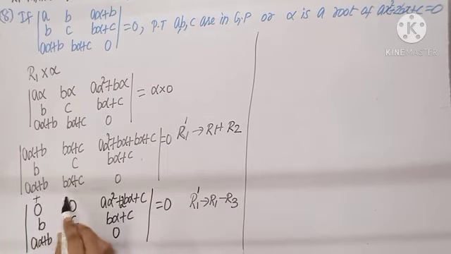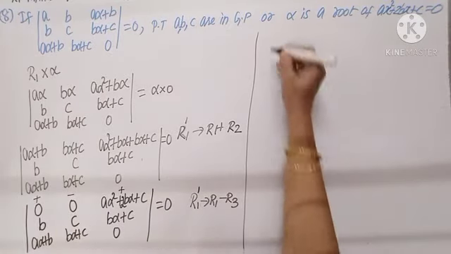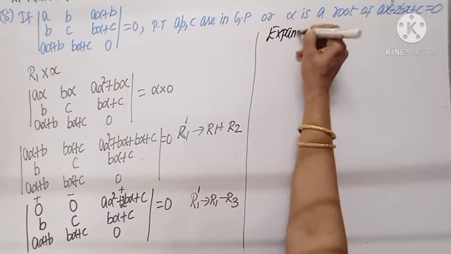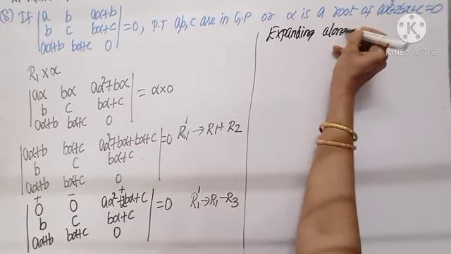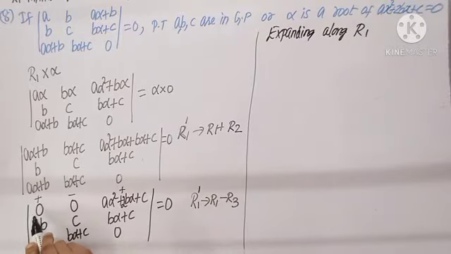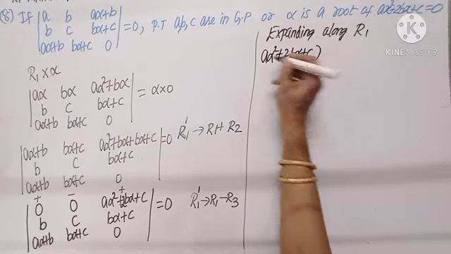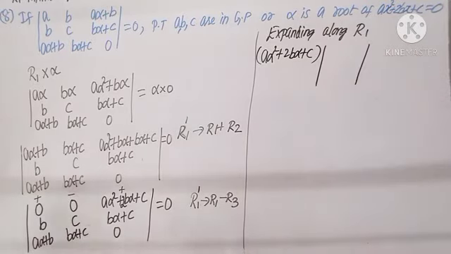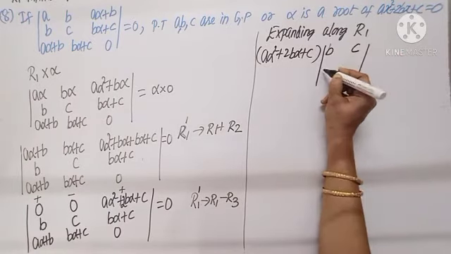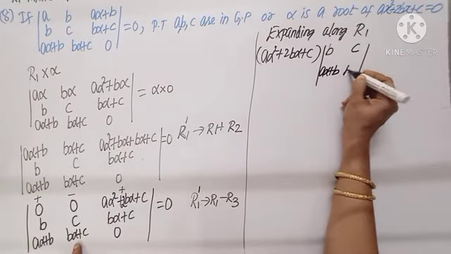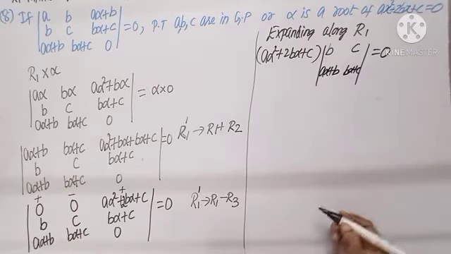First row signs: plus, minus, plus. As we expand along the first row, here 0, here 0, 0 into anything is 0. I am just left with this term, aα² + 2bα + c into, hide the row, hide the column, I am left with these two rows, b, c, aα + b, bα + c, and the RHS is 0.